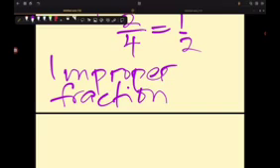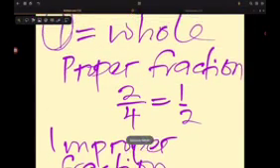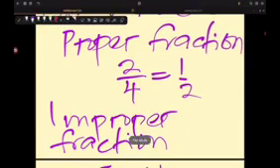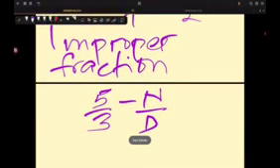A good example of this will be 5 over 3. If I write 5 over 3, this is still the numerator, while the one down is the denominator.